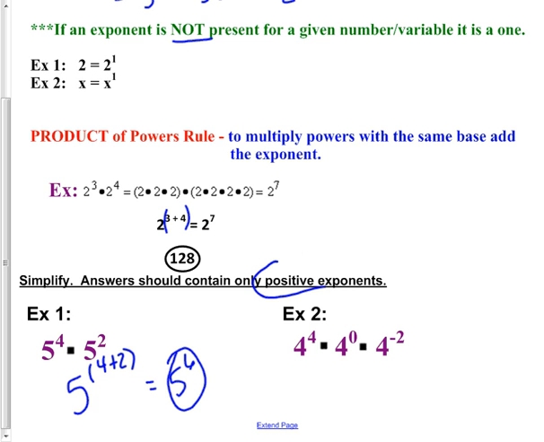Because look at our directions, they want positive exponents, so as long as we have a positive exponent, we're okay. 4 is the common base, we're going to go 4 to the 4 plus 0 plus negative 2, and so 4 plus 0 is 4, plus negative 2, so if I have 4 and I owe 2, I'm going to have 2, so 4 to the 2nd power, and that is a positive exponent, so I know that I'm good with that.